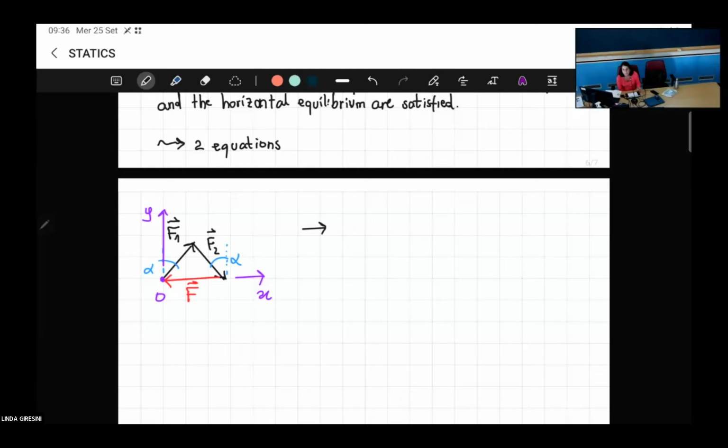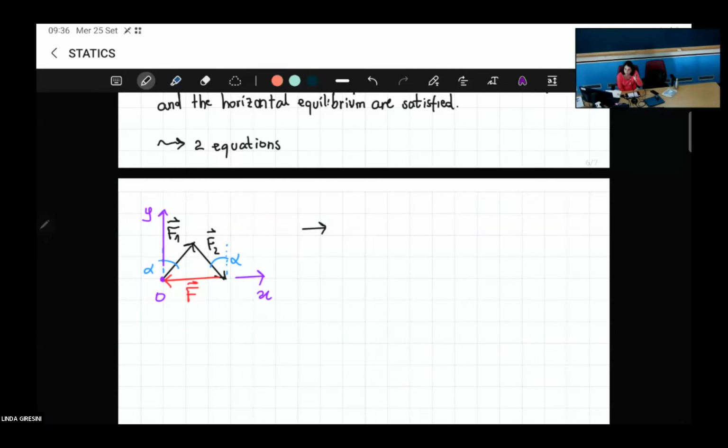The coordinate axis is basically irrelevant, because, as I said yesterday, when you have rigid bodies, you can move force vectors. They are sliding vectors. So independently of the coordinate axis, a force will be directed toward the positive or the negative axis.